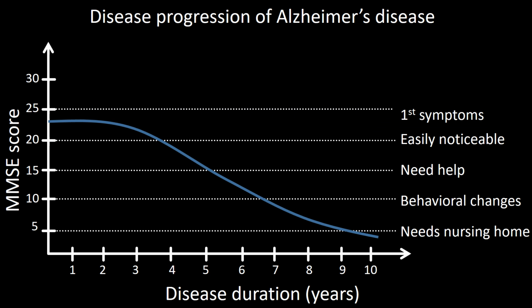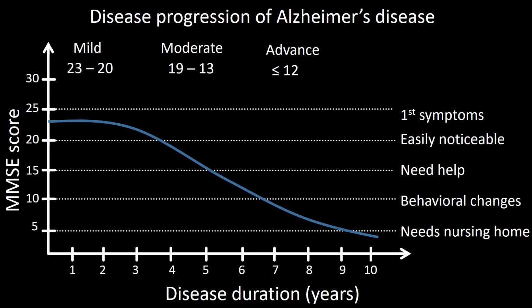This graph represents the likely progression of patients with Alzheimer's disease as measured by the mini mental status examination criteria. The course of patients with Alzheimer's disease has traditionally been divided into mild, moderate, and advanced. As you can see here, 23 to 20 is considered mild.